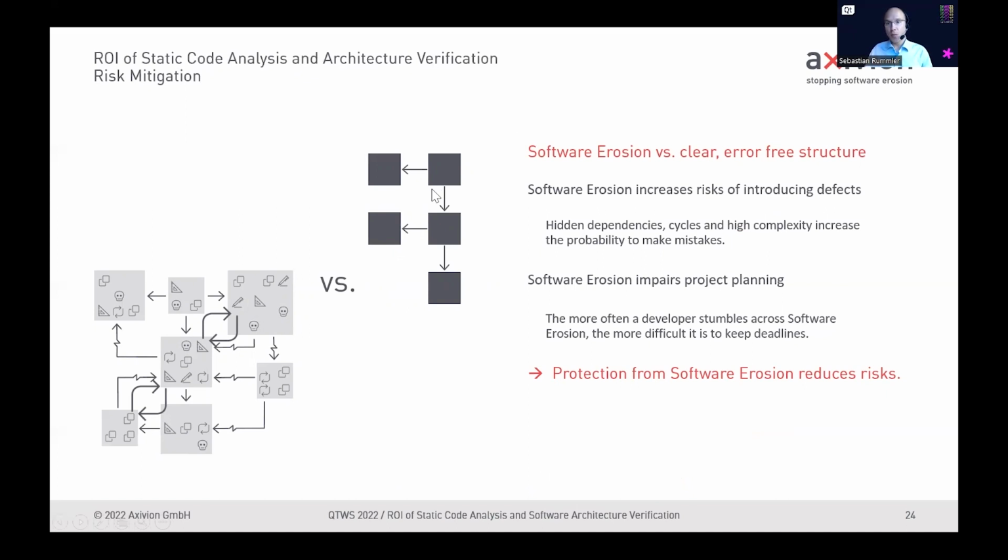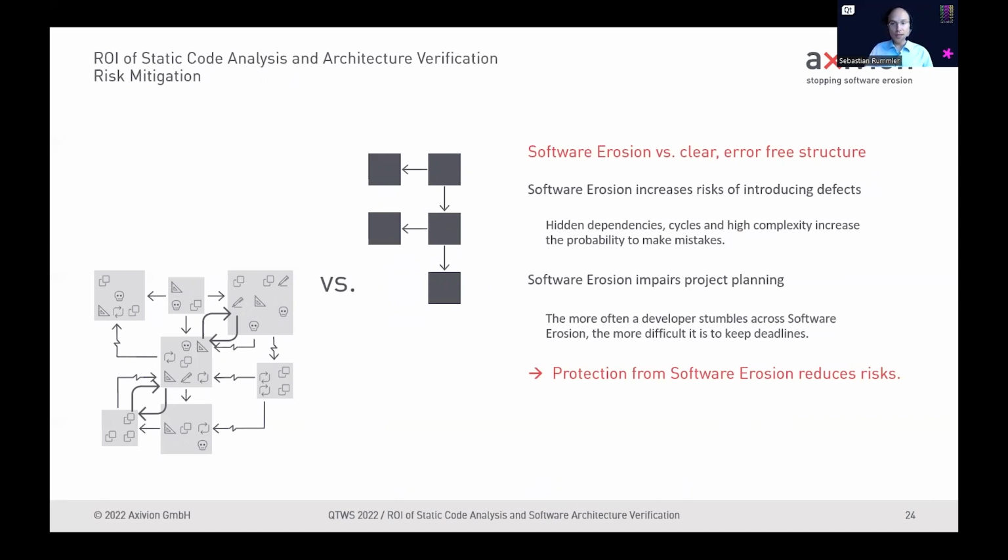For example, when it comes to defects, when you exactly know where you are in your architecture and you can trust your architecture, the risk of having defects because of interfaces not used, for example, or global variables being used that nobody is aware of, can be avoided. Also, it will mitigate the risk of not meeting deadlines. So the project planning gets more mature and more reliable too.